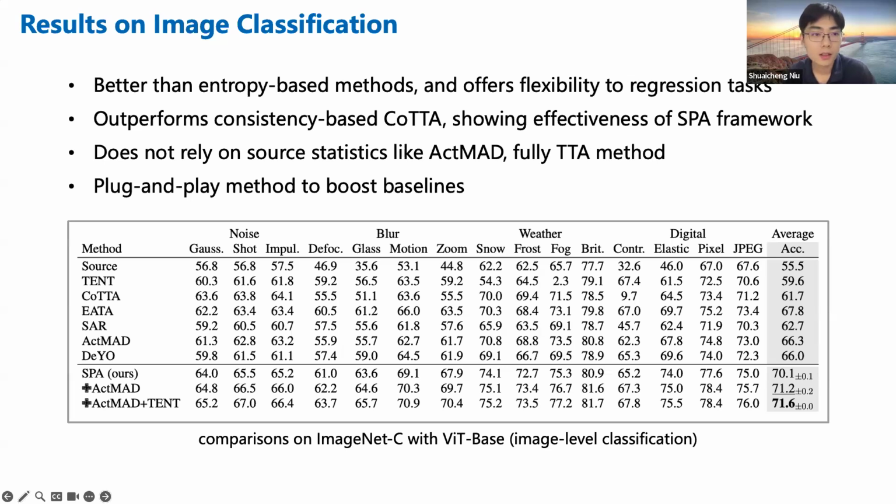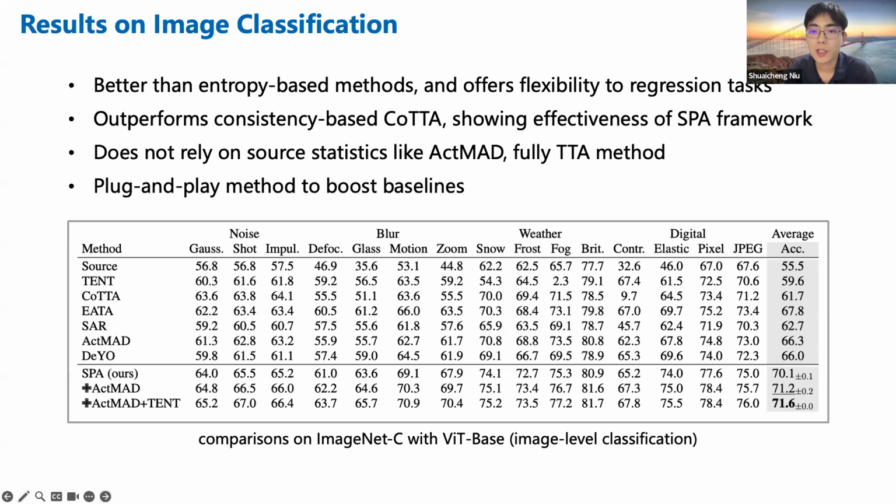And secondly, compared to CoTTA, which also applies consistency learning between the original image and its augmented views, SPI achieves significantly greater gains. This fully highlights the effectiveness of SPI and demonstrates that our structure-preserving augmentations are able to provide richer learning signals within this framework.